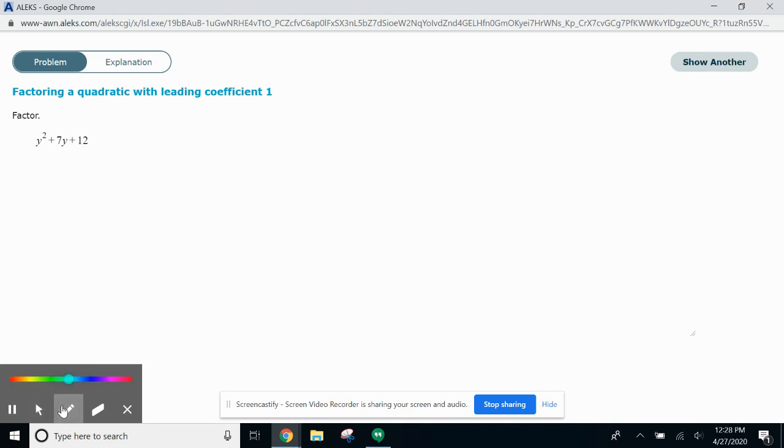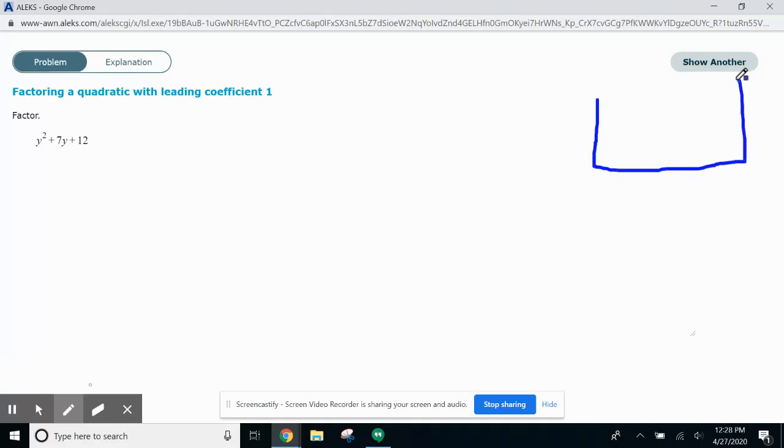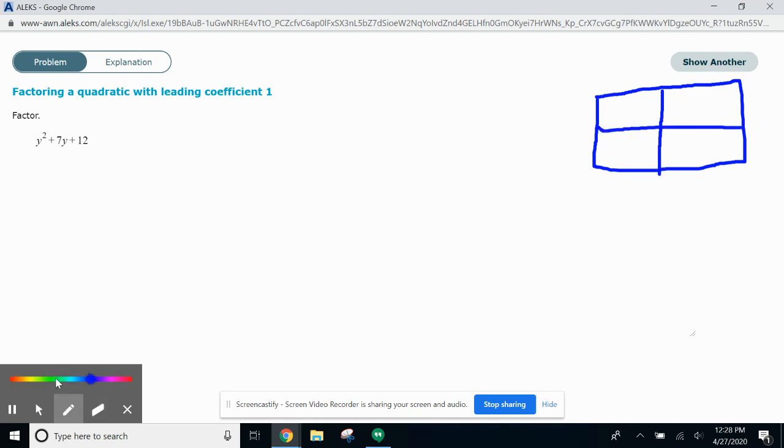And like some of the problems we've had before when we were multiplying polynomials, we would make our apartment. With our apartment, we would multiply certain terms in. We'd have four different terms, and we'd multiply them together to make an answer.